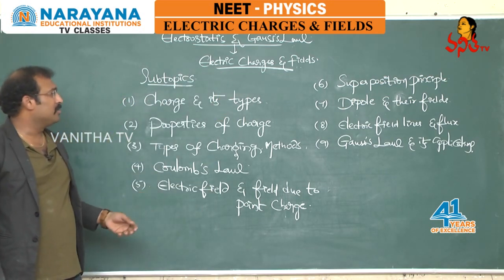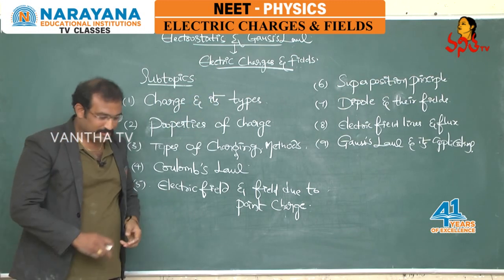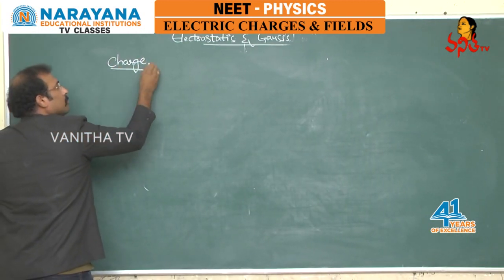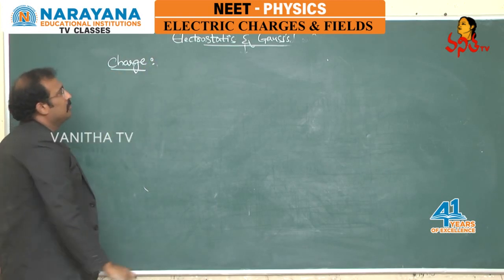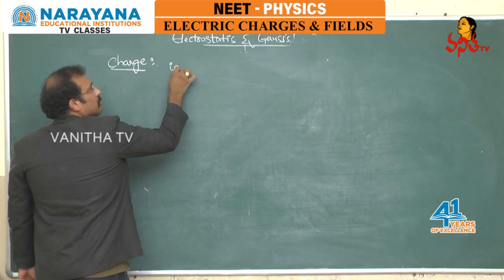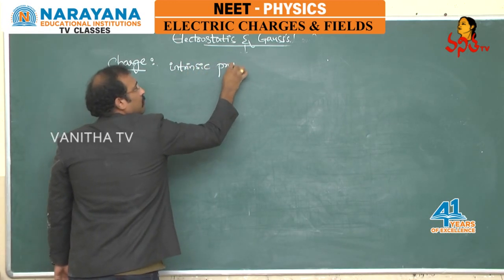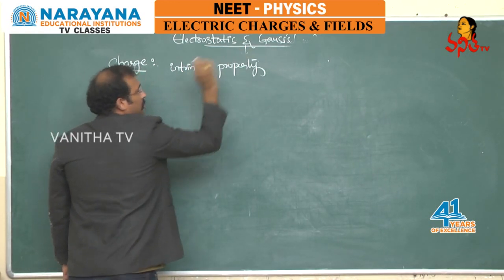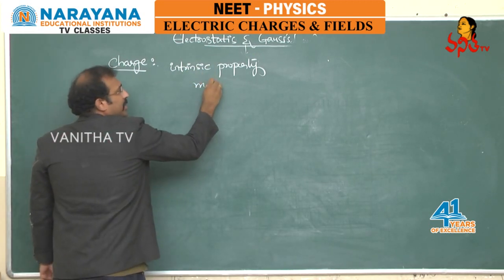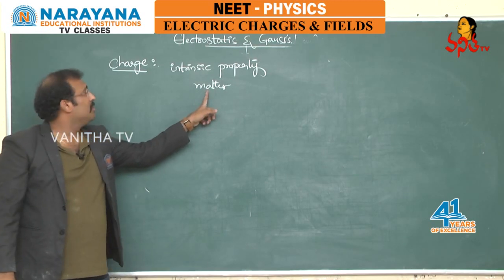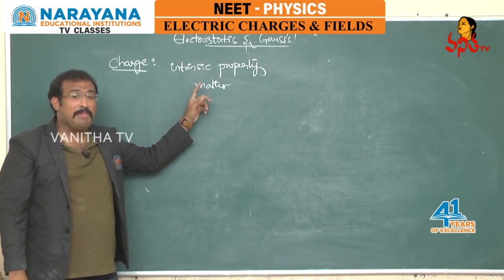Now let us start with charge and its types. What is this charge? Charge is the intrinsic property of matter that produces the effects of electric and magnetic fields.